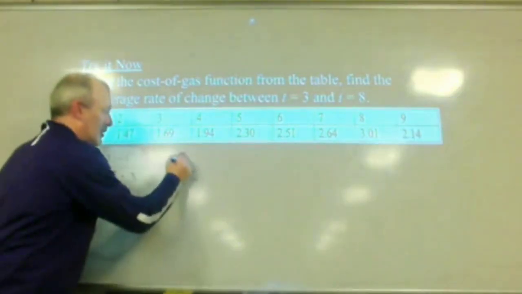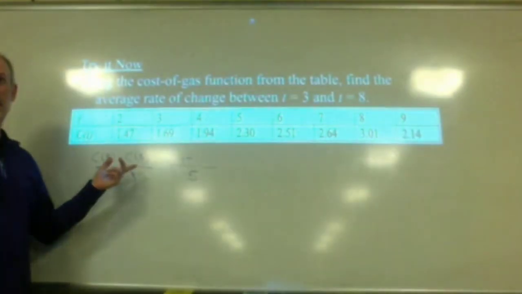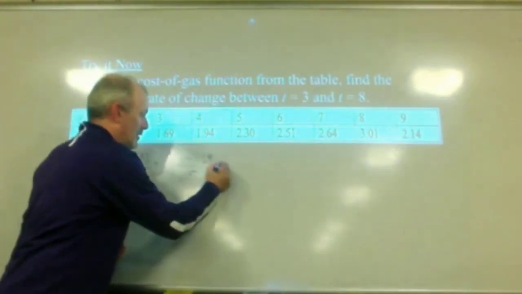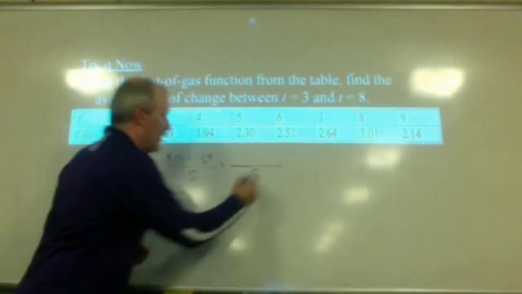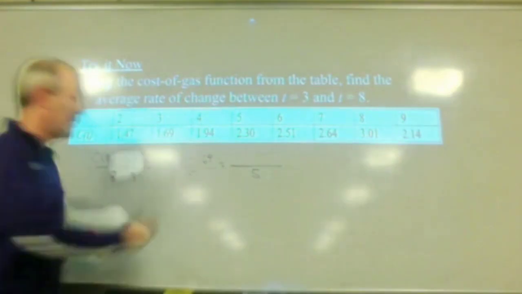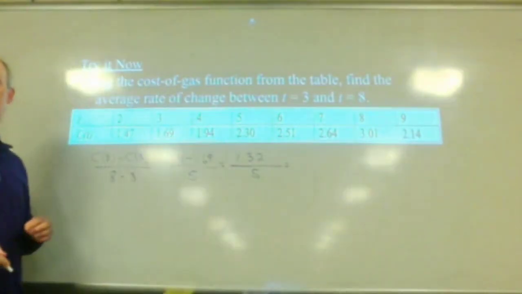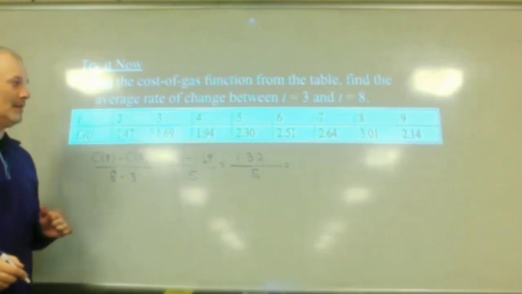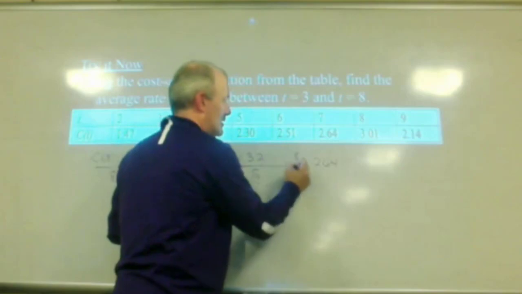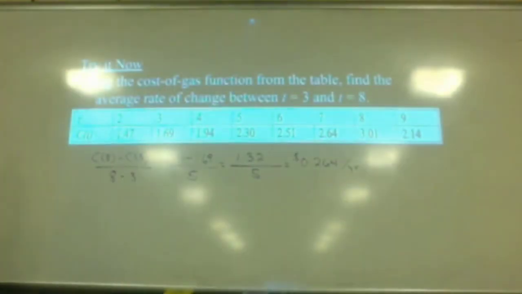So 3.01, and then minus C of 3, which is 1.69 according to the table. So if somebody can again help me out with the top there, 3.01 minus 1.69, 1.32. And then we divide that by 5, and what do we get? Okay, 0.264. And again, this is dollars per year if we're thinking about units, because it's a change in price.